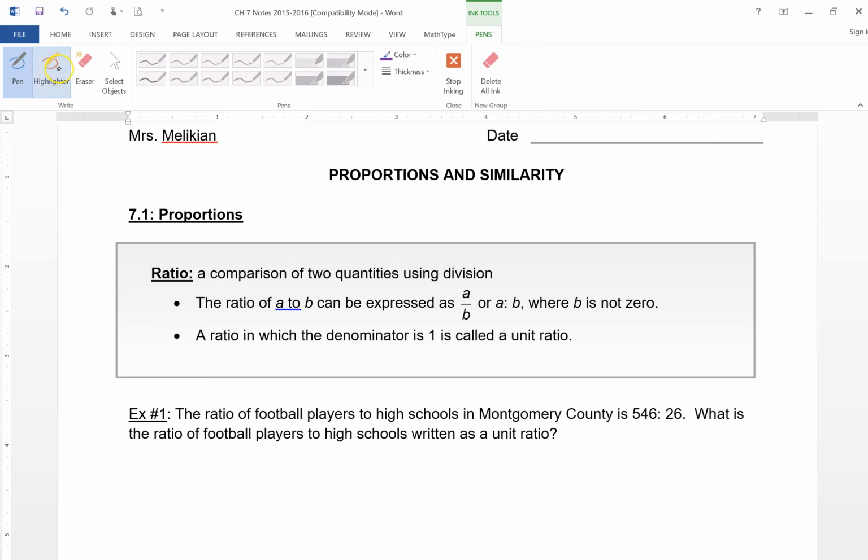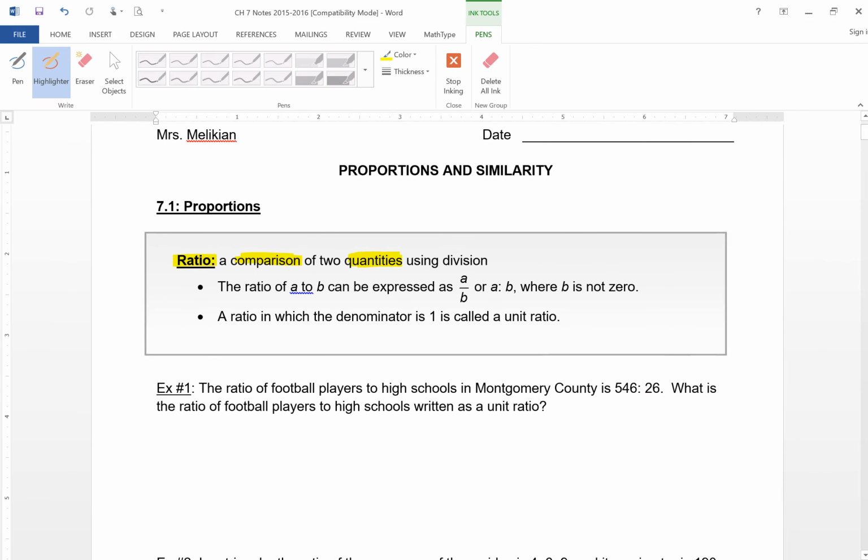Let's remind ourselves what a ratio is. A ratio is a comparison of two quantities, and it's using division. So because it's the same quantity that is being compared, if you want to say the ratio of A to B, this is how you read it.